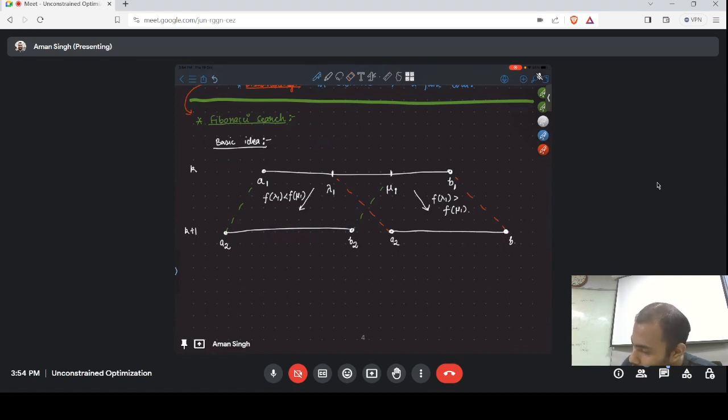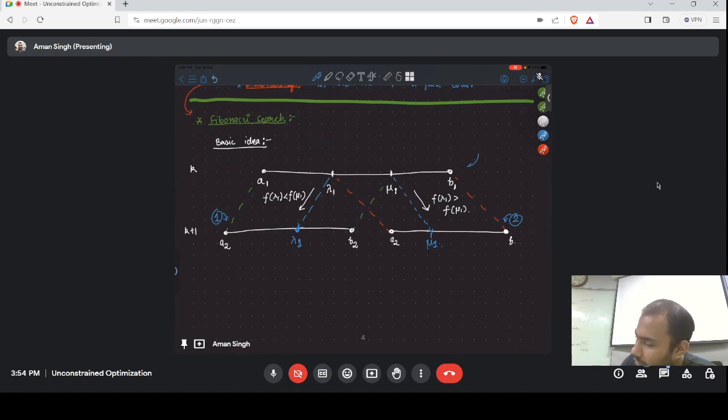If this interval is chosen, let's call it interval 1, then we have the lambda 1 point at which we have already evaluated the function. We already know f of lambda 1 from the previous step. And if this interval is selected, let's call it interval 2, we already know mu 1. So we can reduce the number of function evaluations in each step.